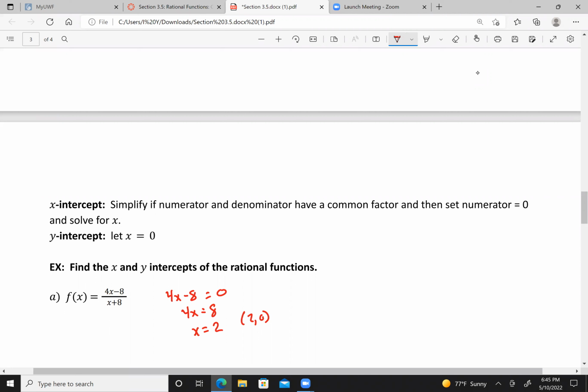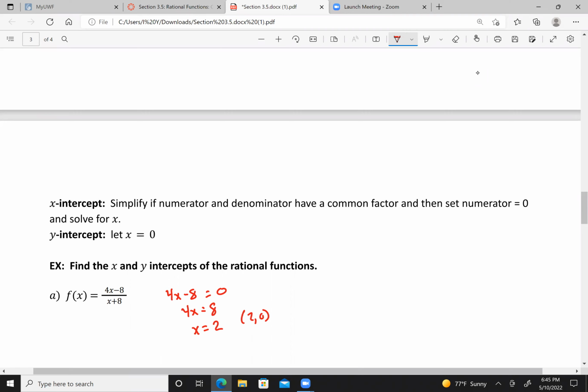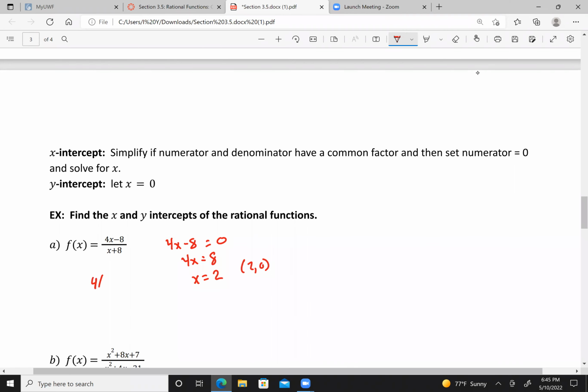To find the y-intercept, we simply let x equal 0. So I have 4 times 0 minus 8 over 0 plus 8, which is negative 8 over 8, which is negative 1. So we have 0, negative 1. That's simple.